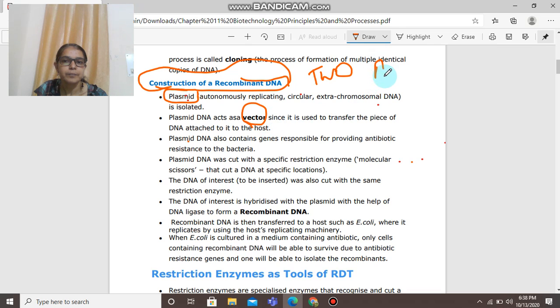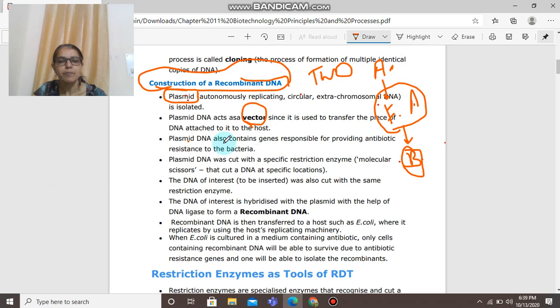Suppose this is A, who is infected with malaria. The female Anopheles mosquito will bite this person and take the plasmodium from this person, and that parasite will be transferred to point B. Here the female Anopheles mosquito is acting as the vector for transmitting the plasmodium from A to B.